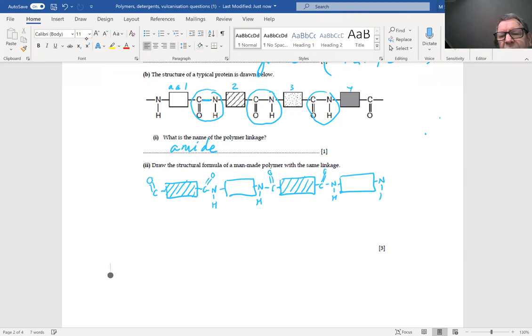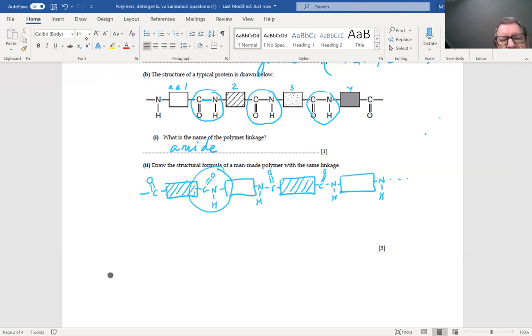Now, if you look at this, you'll find that this bit of it here is the same as this bit up here. But what's different is that we have alternating, one box with CO coming out of both ends, and one box with NH coming out of both ends. Okay, so that's what you're looking for. CO, NH, NH, CO, CO, NH, NH, and so on. That's quite a difficult question to do.